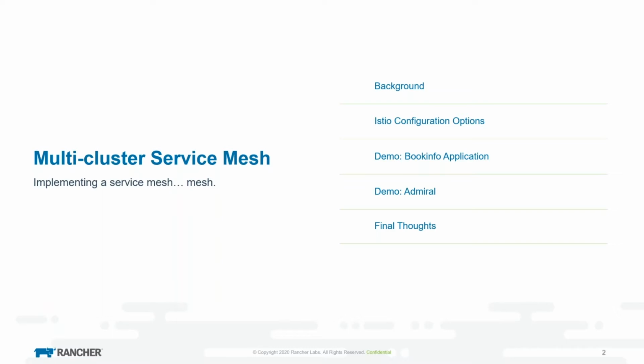The first demo, for those of you who are familiar with Istio, might be familiar: it's the bookinfo application. It's basically a 4 microservice application that's distributed in a way with multiple versions of each service. We'll talk about how to make that span a cluster boundary.